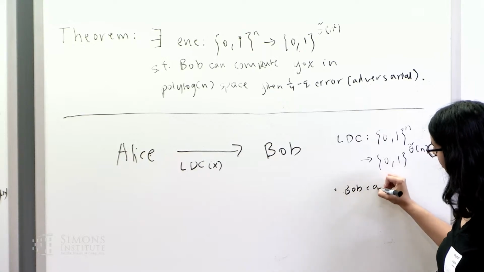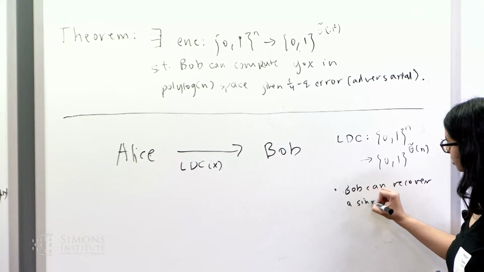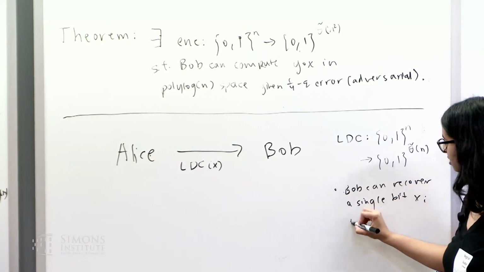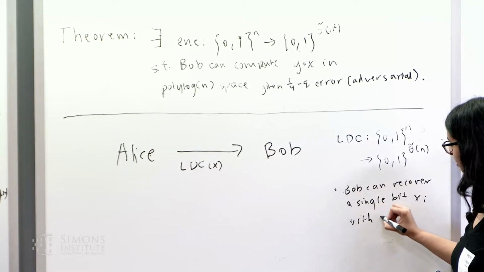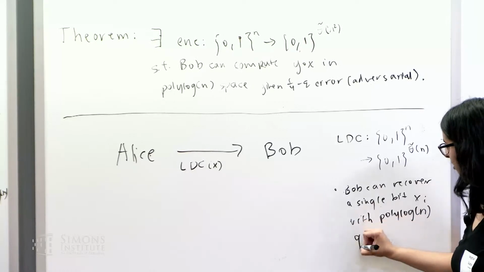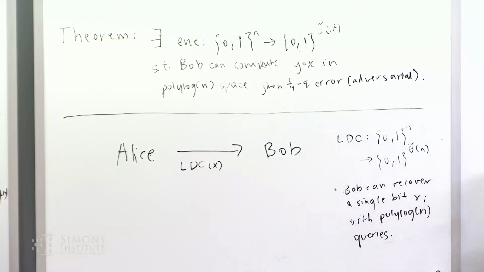Bob can recover a single bit xi with polylog n queries.